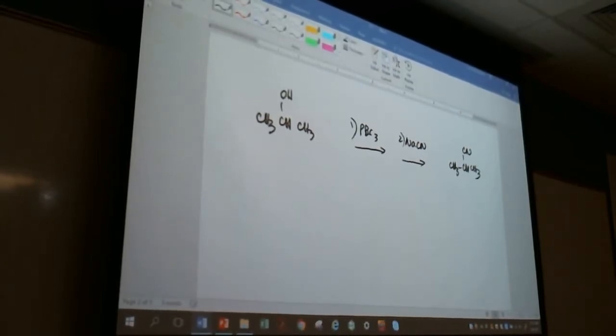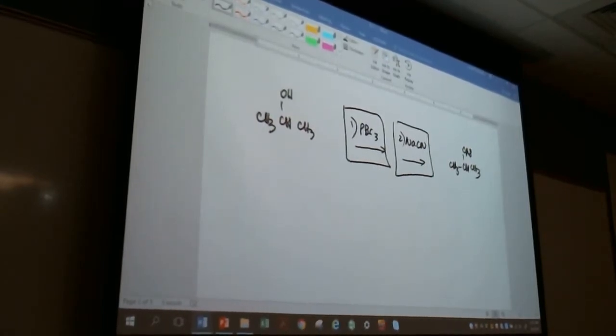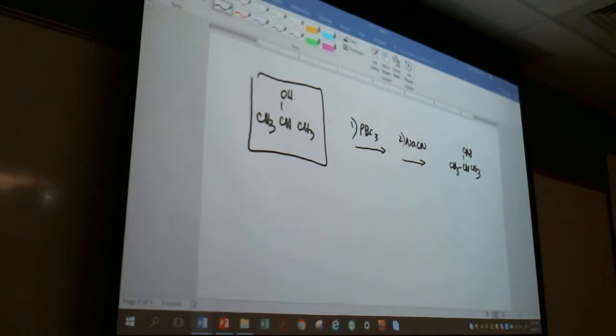I could take away the reagents, leave these blank and ask you what are the reagents. I could have the reagents but take away this, and ask you what is the starting material, and these reagents would give me this.